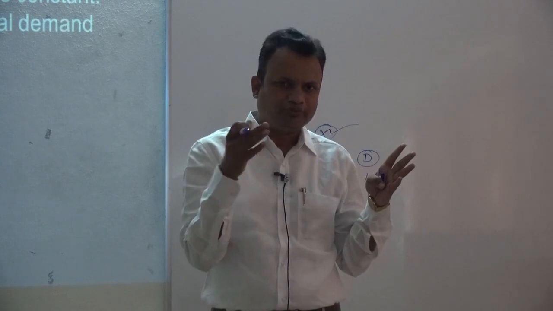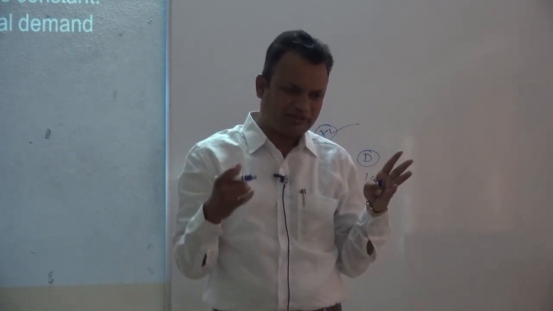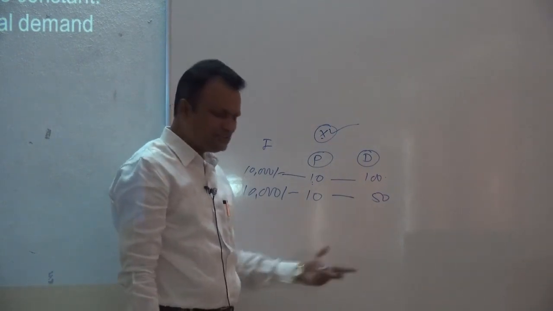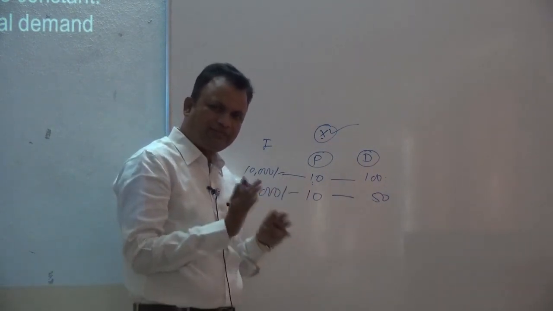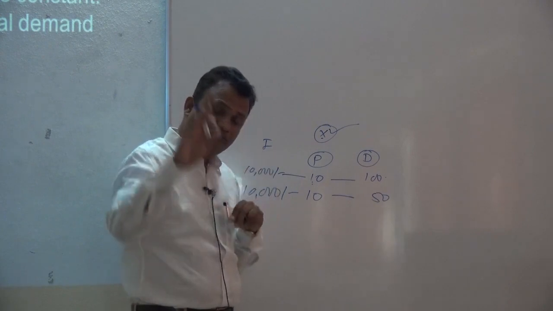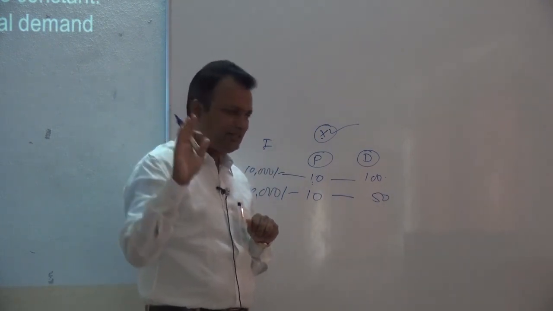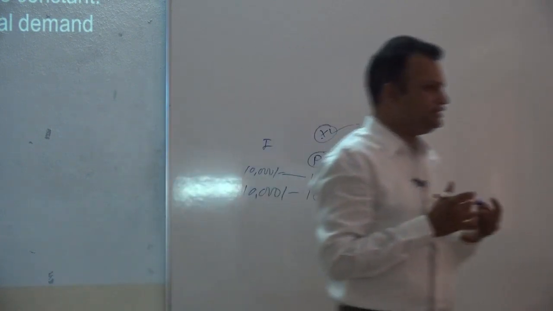People never want to buy such products which are not in fashion. Okay, so all these things badly damage the demand pattern of the customer, and due to that, if demand falls down at the same price level, it is considered as a decrease in demand.